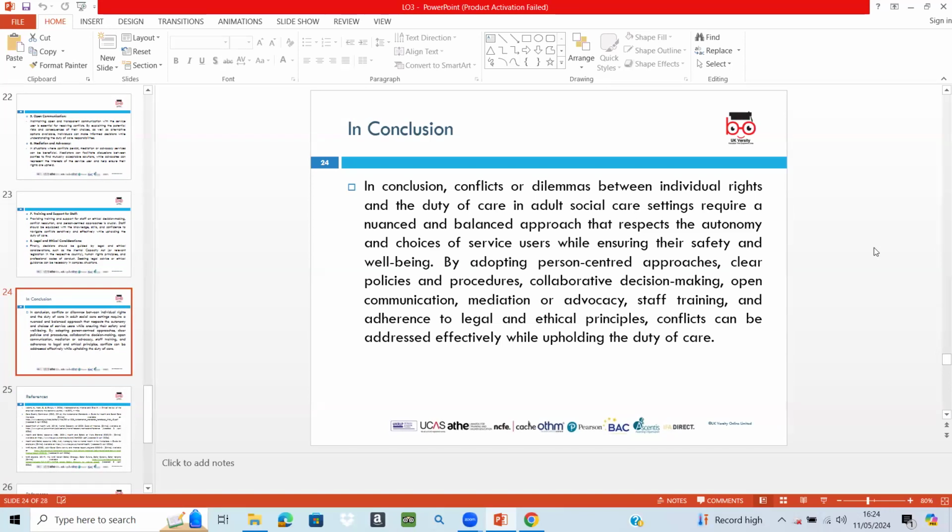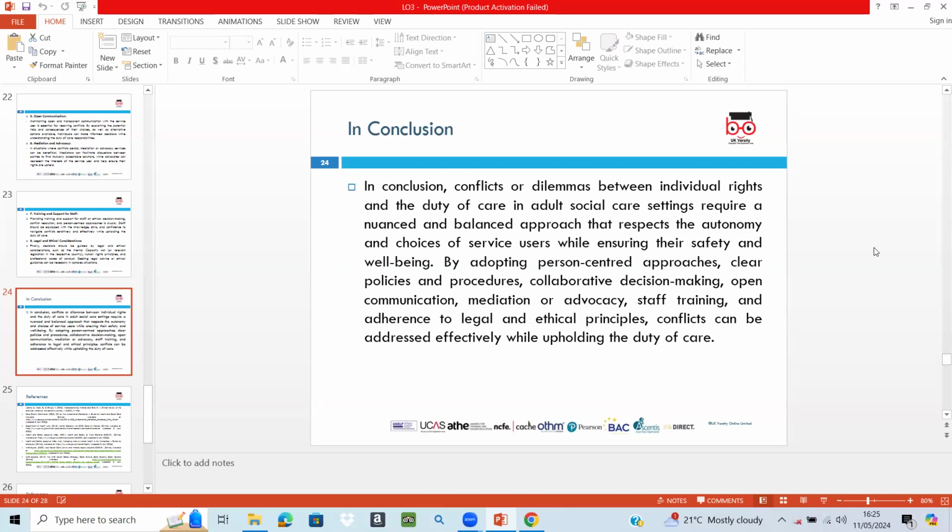And by embracing person-centered approaches, clear policies and procedures, mediation or advocacy we discuss, and we discuss about the staff training and adhering to legal and ethical principles. These conflicts can be navigated thoroughly and effectively while upholding the duty of care.